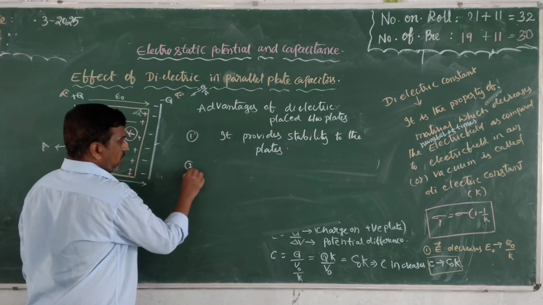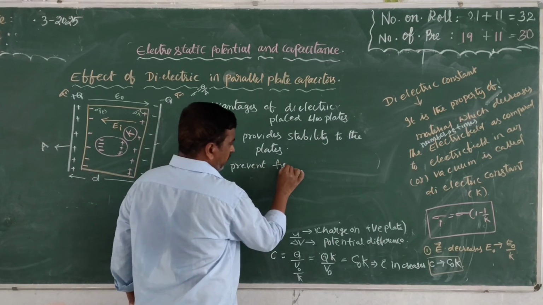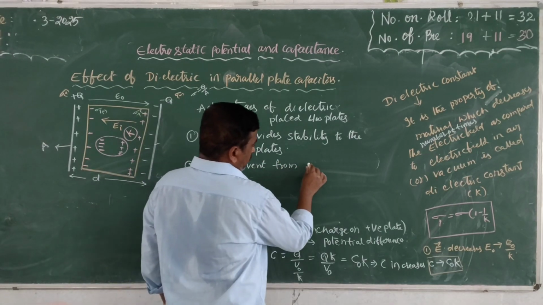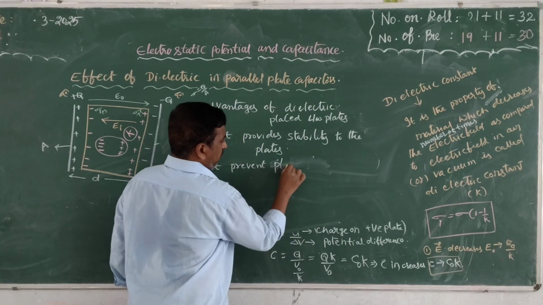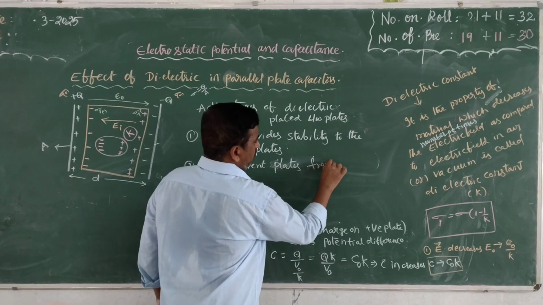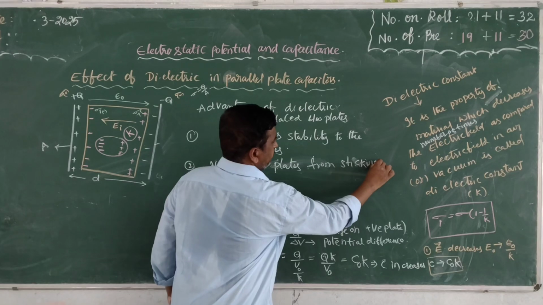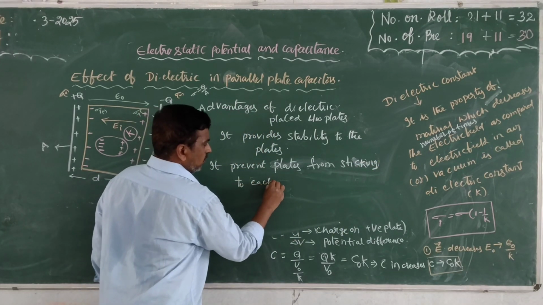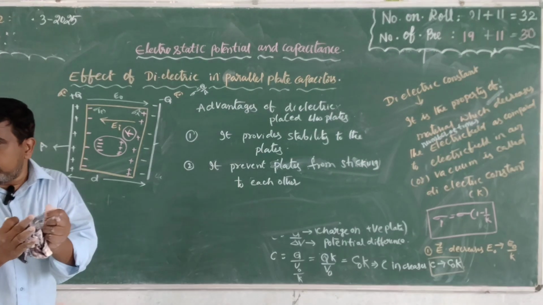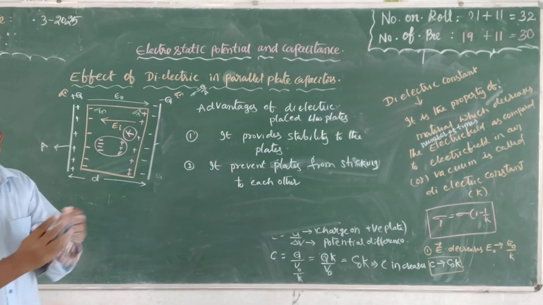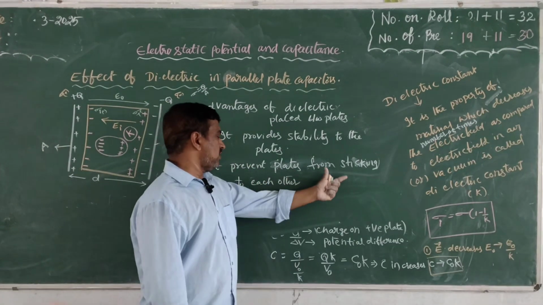Second one, dielectric prevents the plates from sticking to each other. If dielectric is not there, the plates are very close. Positive and negative are attracted, so they stick to each other. So it prevents the plates from sticking to each other.